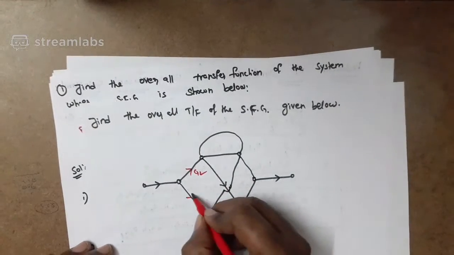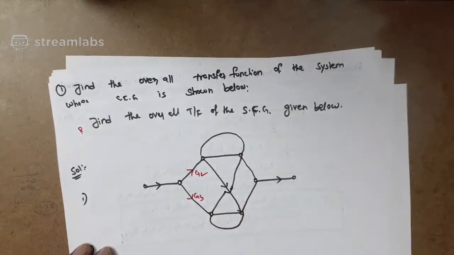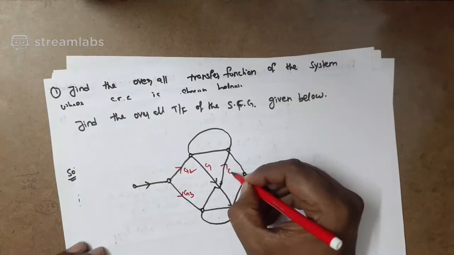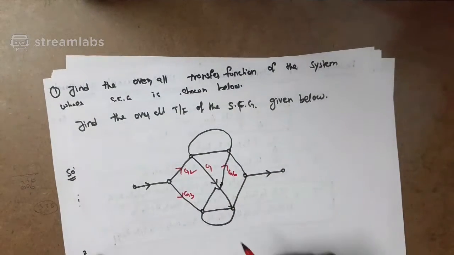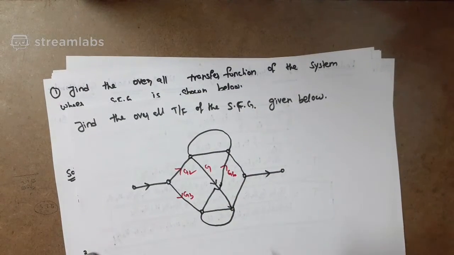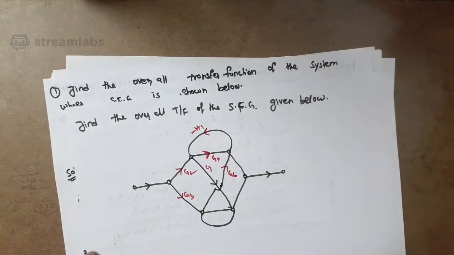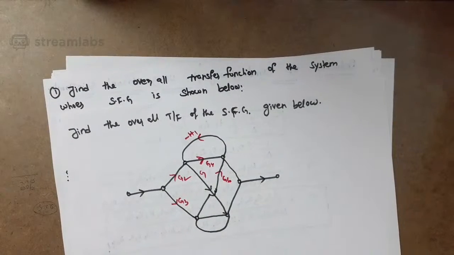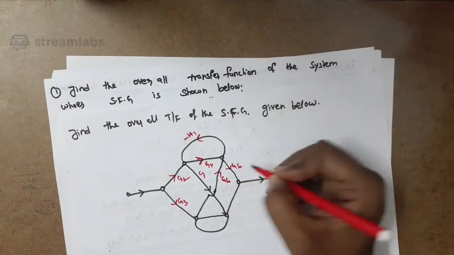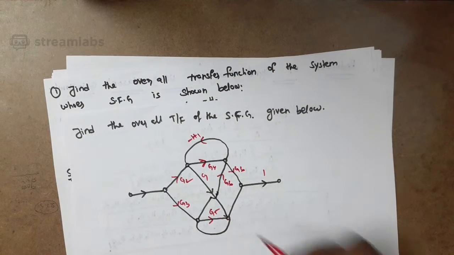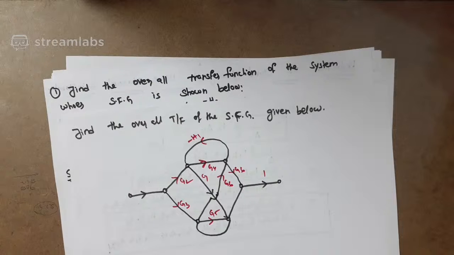G2, G3, G1, G6, G1, G6, G4, minus H1, G6, G3, G5, G5, minus H2.